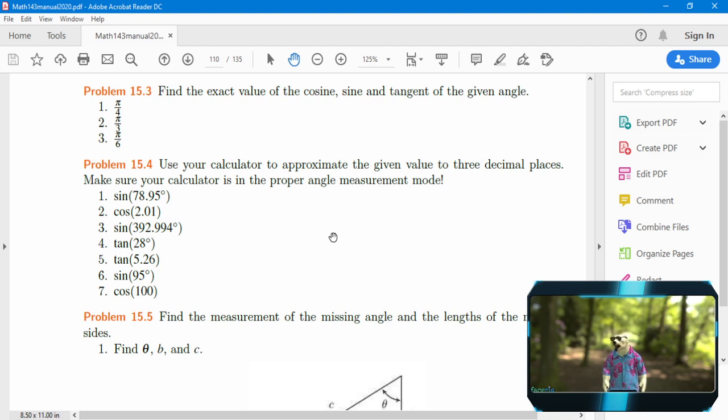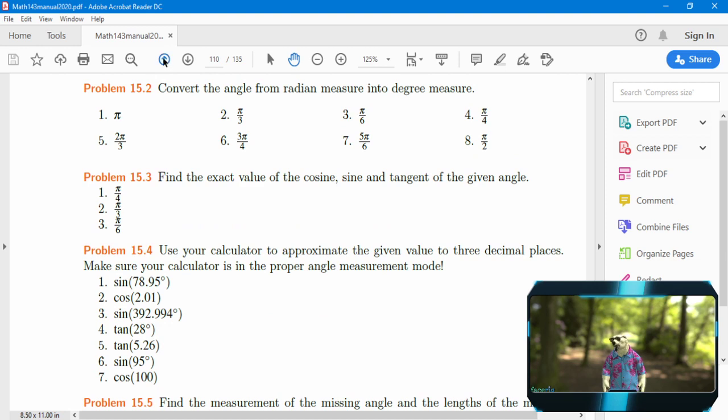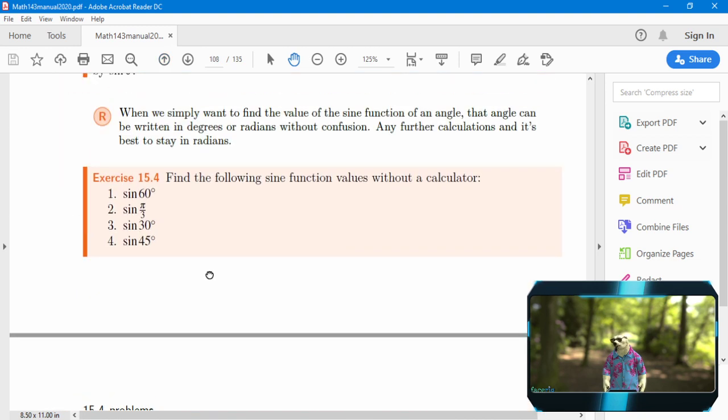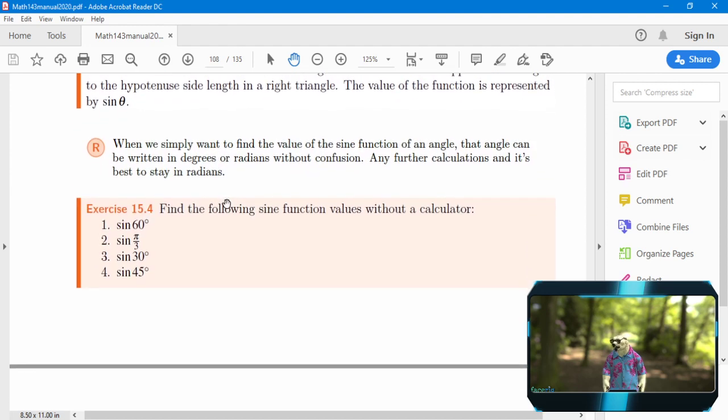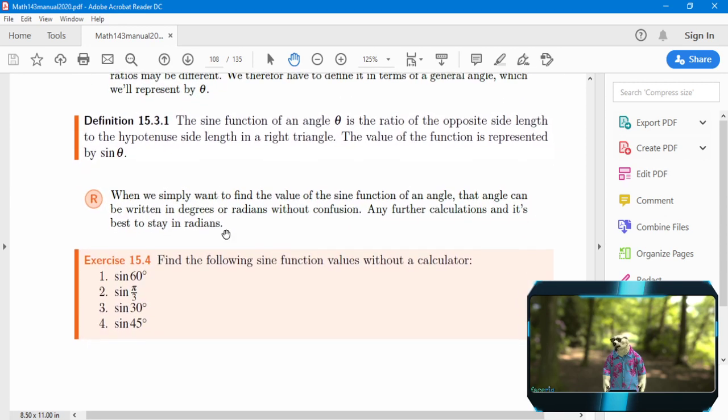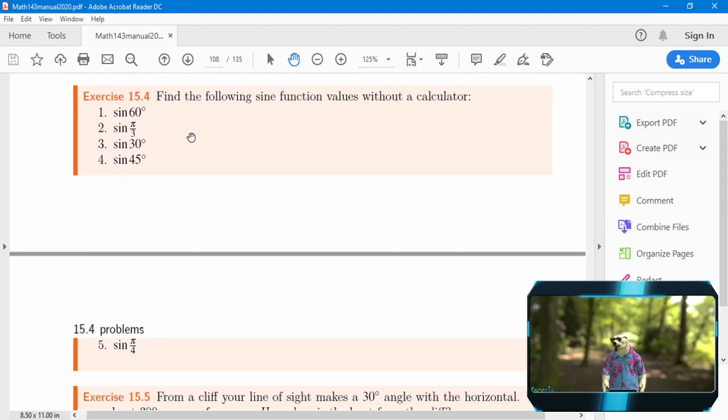Okay, so we have looked at, we don't want problems, we want solutions. I don't think I've listed, no, we did do exercise 15.4, where we have our familiar angles that make our two special triangles.